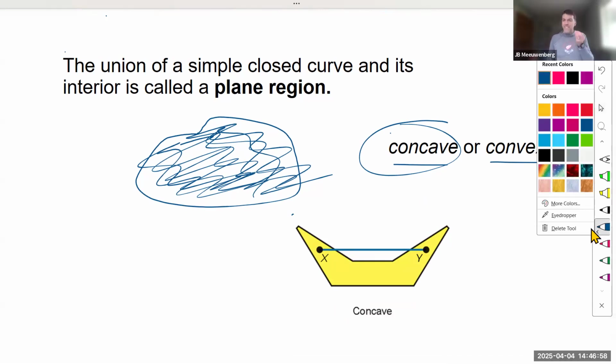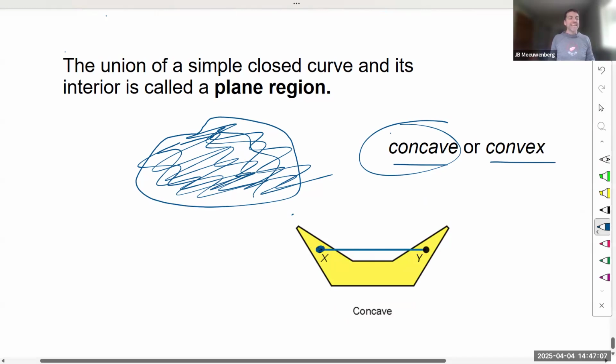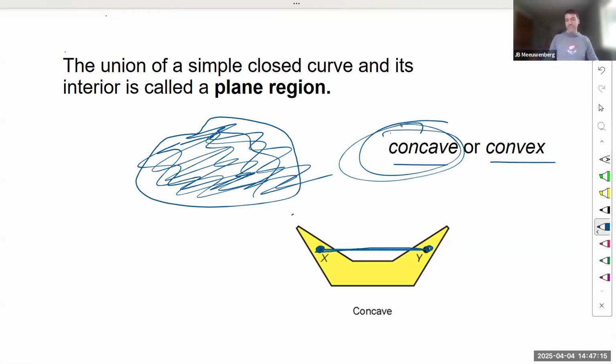A way we can test to see if something is concave is what you see here with this line segment, X to Y. If you can pick two points inside your figure and connect them with a line, and that line exits the figure, then it's concave. If it's not concave, then it is convex.